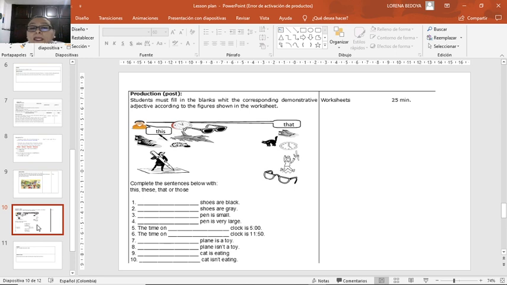And every student must check those pictures, and according to the picture answer the question or fill in the blank with the correct adjective: this, these, that, or those, according to the sentences and the pictures. This activity takes around 25 minutes.